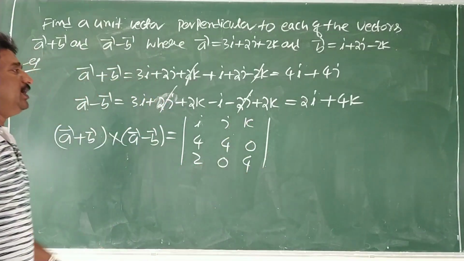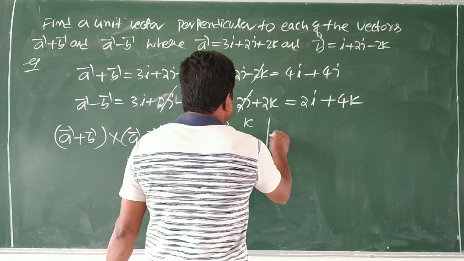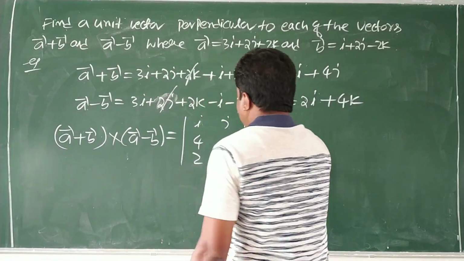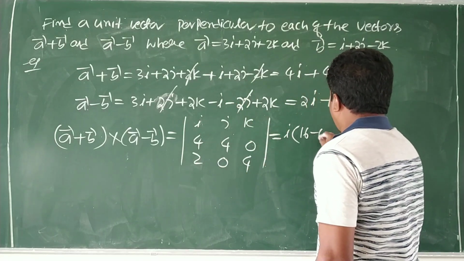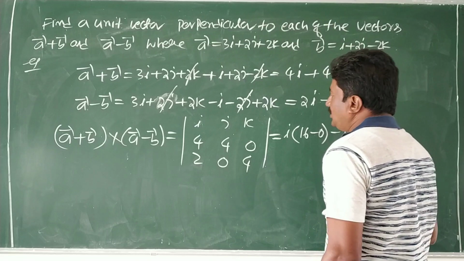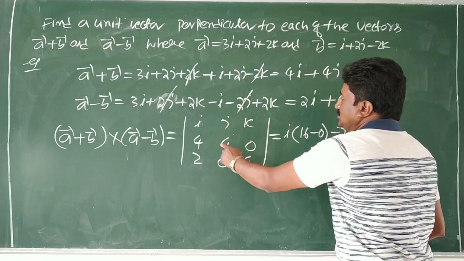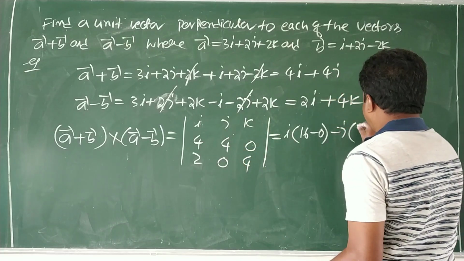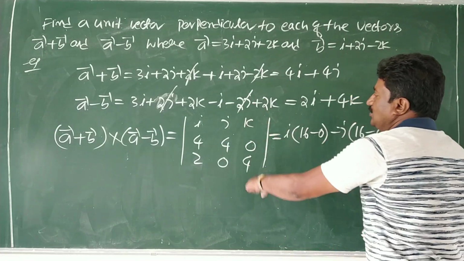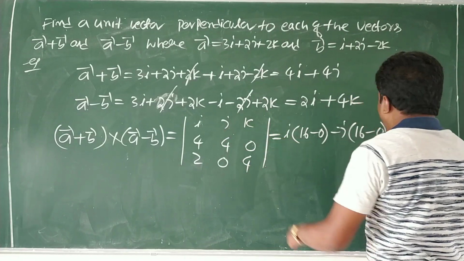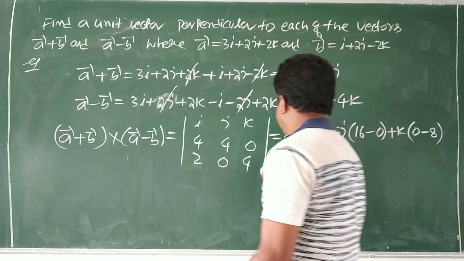Expand it, students. i times, row column, 4 times 4 is 16, minus 0; minus j times, column row, 4 times 4 is 16, minus 0; plus k times, column row, 0 minus 4 times 2 is 8, so minus 8.